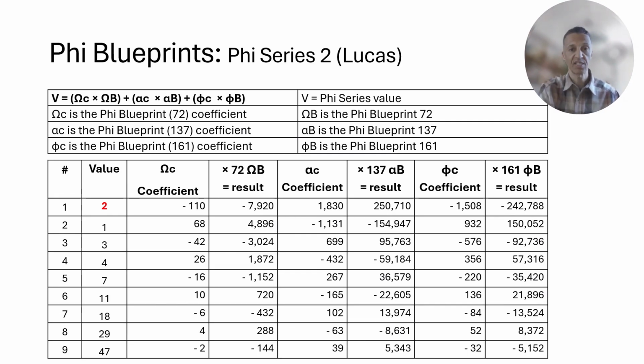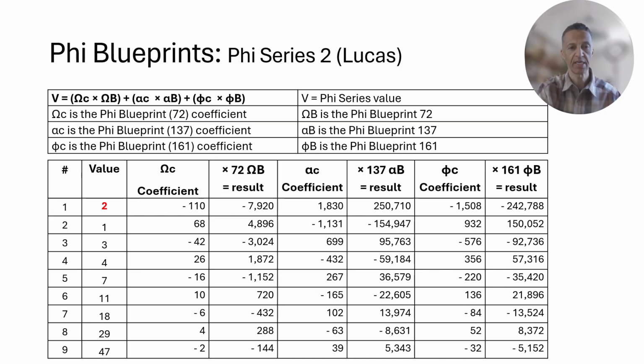Here we have Phi Series 2, otherwise known as the Lucas series, which is seeded with a 2 instead of a 1, as in the Fibonacci series. I've listed out 9 sequence positions with the values going from 2 to 47, and the coefficient, or the multiplier, for each of the 3 Phi blueprints.